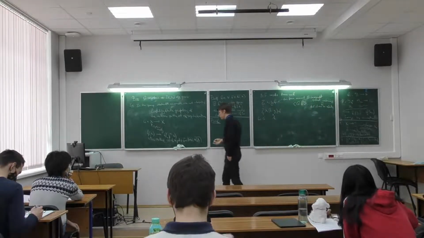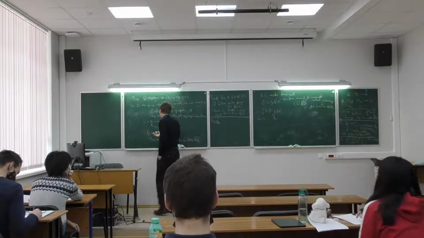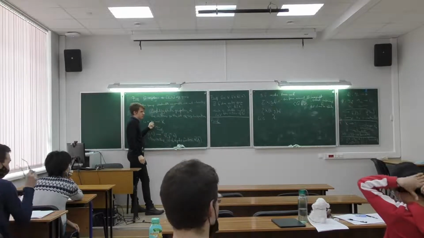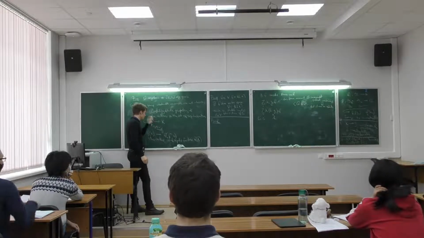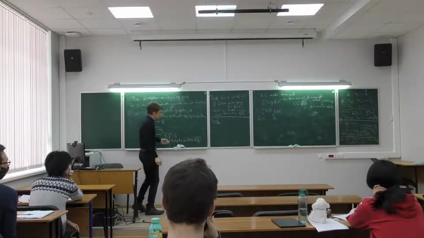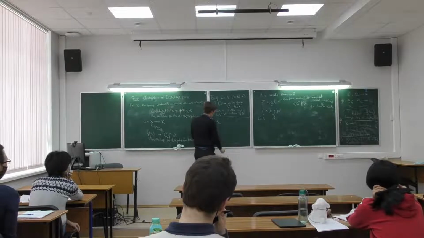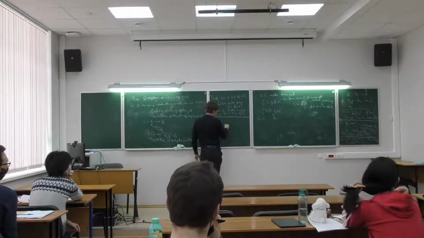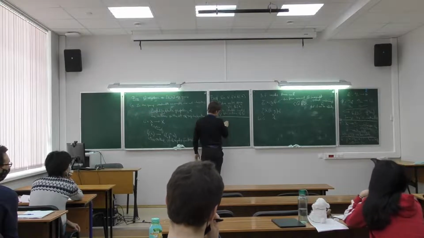So you have to argue somehow differently, and the idea is to use, of course, the algebraicity of this action that we haven't covered so far. So here you have the action map.